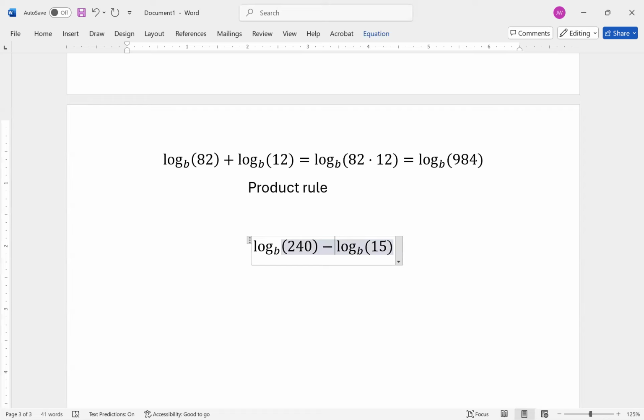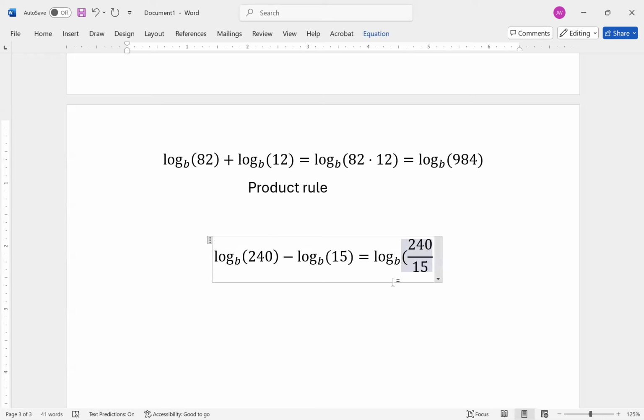In this next example, that's a straightforward application of the quotient rule. So using the quotient rule, this is log base b of 240 minus log base b of 15. I'm going to get log base b of 240 divided by 15 in the argument. 240 divided by 15 is actually the number 16.